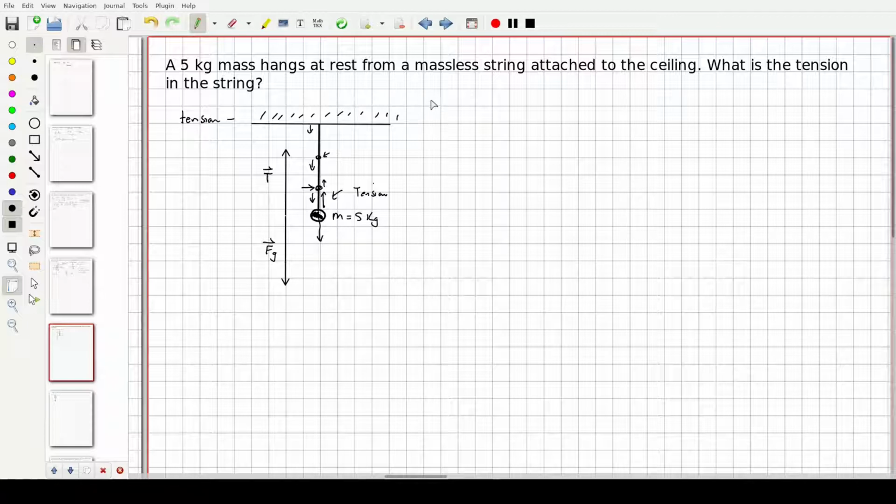Now, let's write out our givens. The mass is 5 kilograms. And what are we trying to find? We're trying to find the tension in the string, T vector. Okay? Now, so we have a picture, we have what we're given, what we're trying to find.